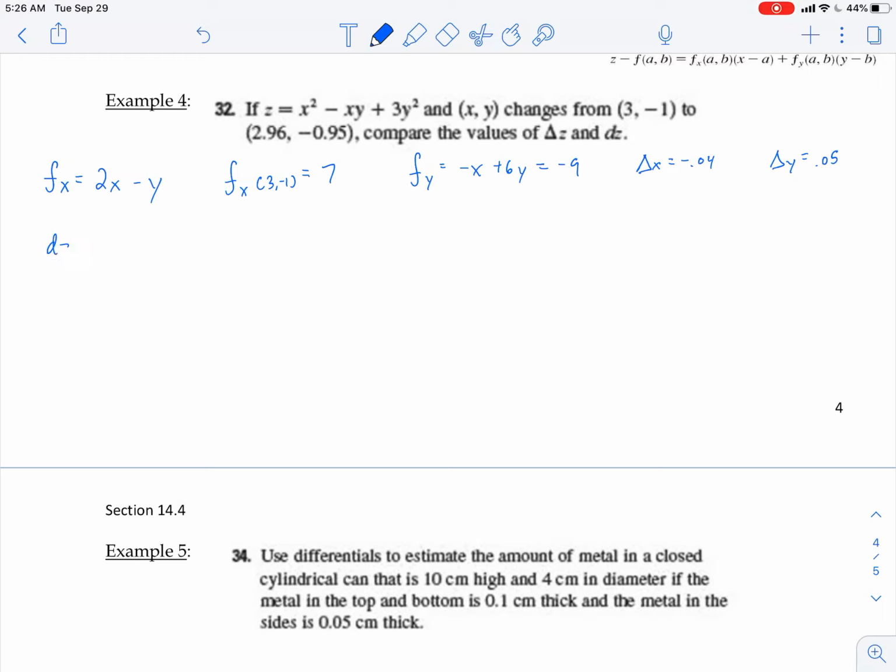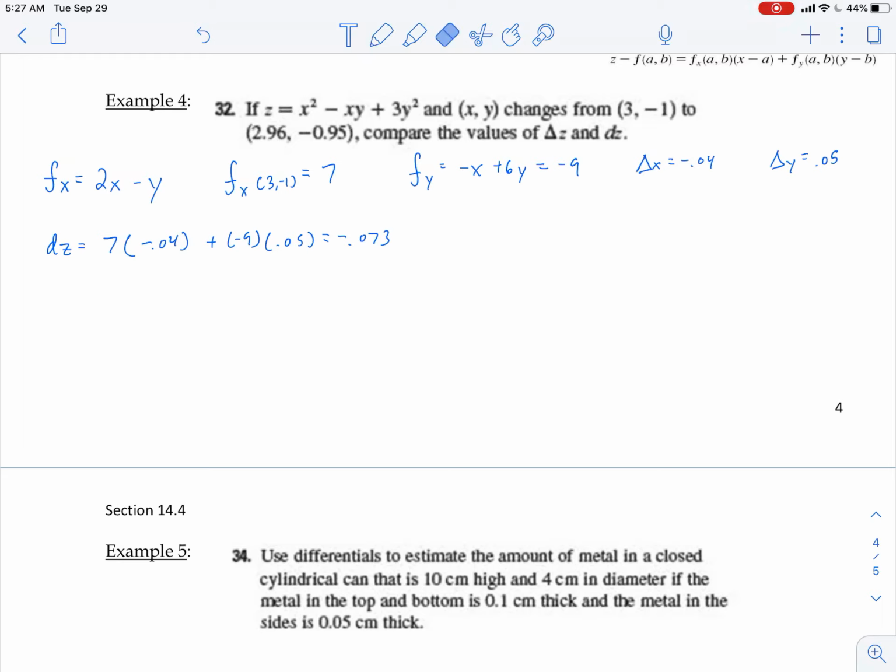All right. So now we can go ahead and plug this in. And so dz is going to be equal to my partial of x, which is 7, times my change in x, which is -0.04, plus my partial derivative of y, which is -9, times the change in y, which is 0.05.